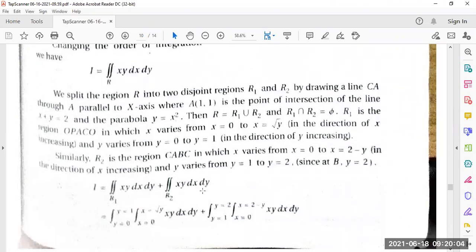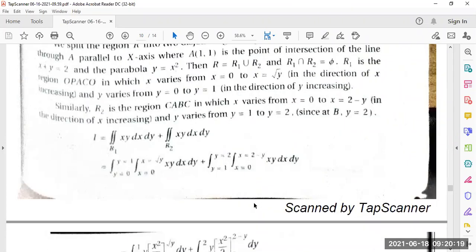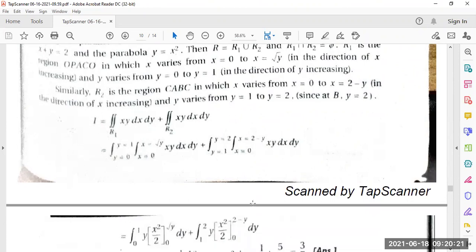So I equals R1 plus R2. For R1, y equal to 0 to 1, x equal to 0 to root y, xy dy, plus y equal to 1 to y equal to 2, x equal to 0 to x equal to 2 minus y. Now we are making the integral.